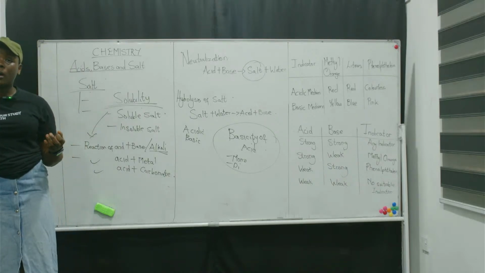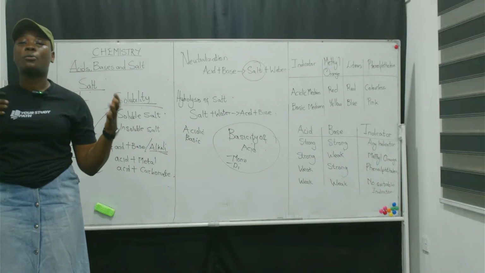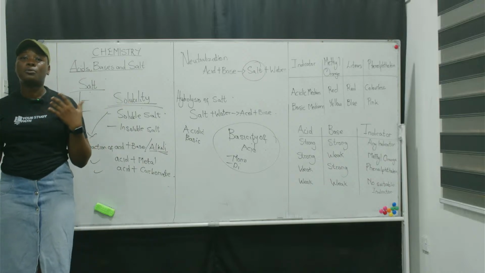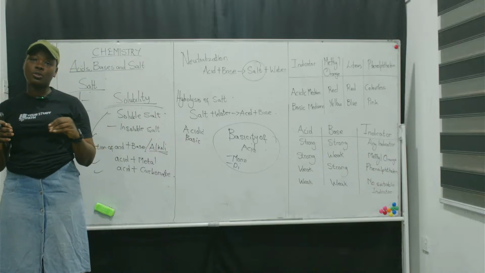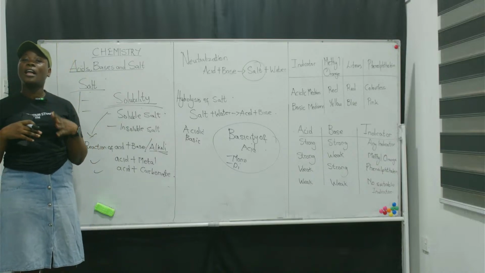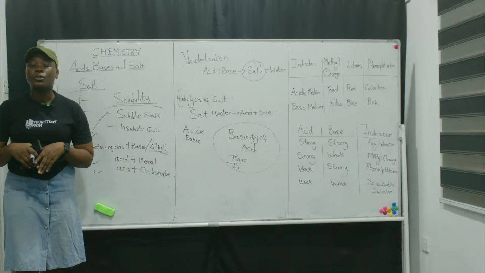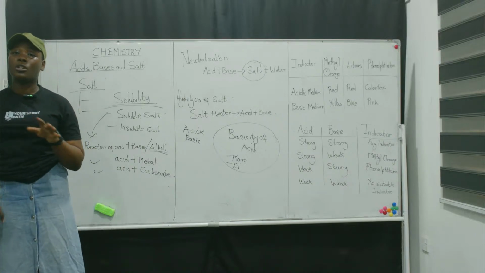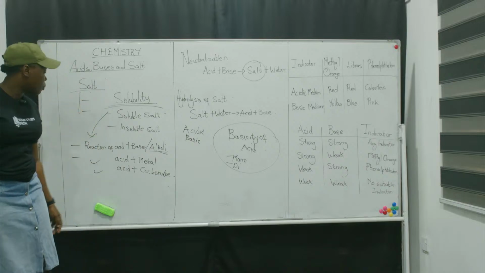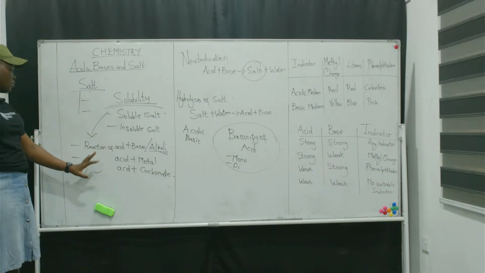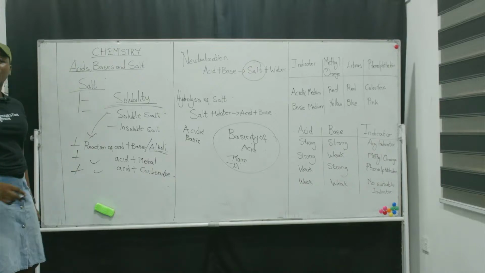If you were not in class when we spoke about solubility, please check the list of videos on your group chat, because we dealt with calculations on solubility. So these are the three ways in which soluble salts can be prepared.